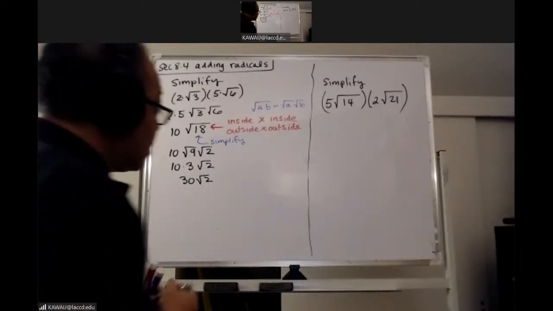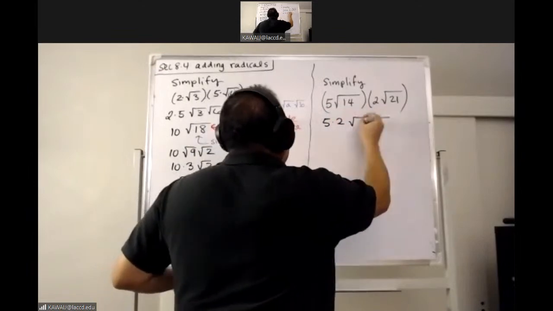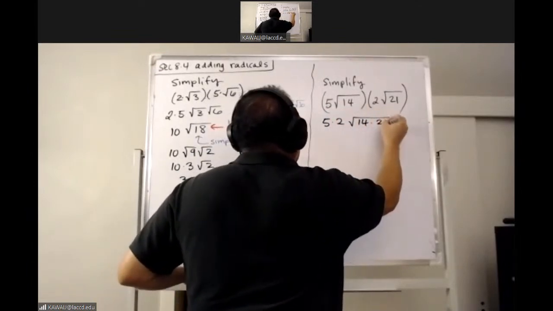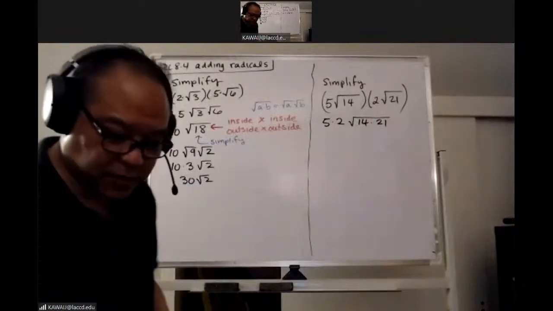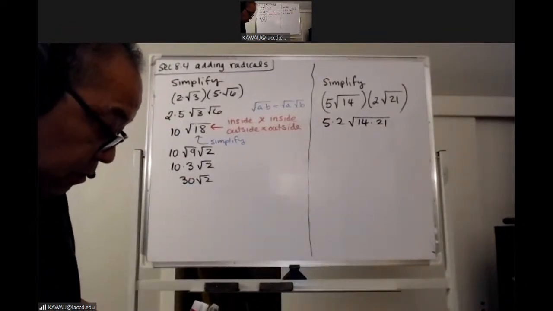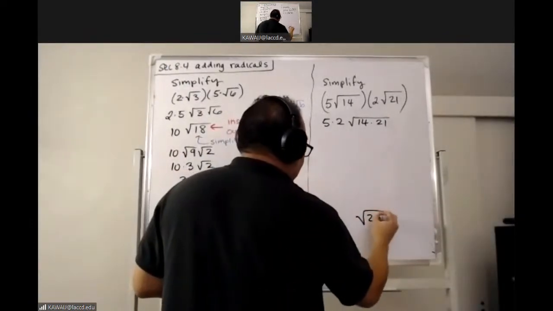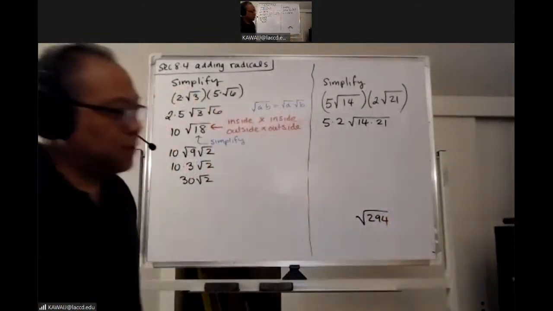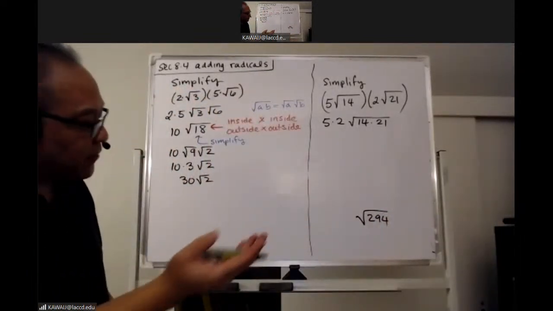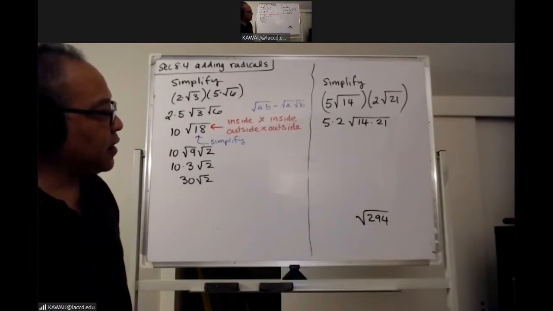Okay. So let's go outside times outside, inside times inside. Now, 14 times 21 is some big, ungodly, awful number. Right? Square root of 294. I have no clue whether 4, 9, well, 25 doesn't, but I have no clue if 4, 9, 49 divide into there.